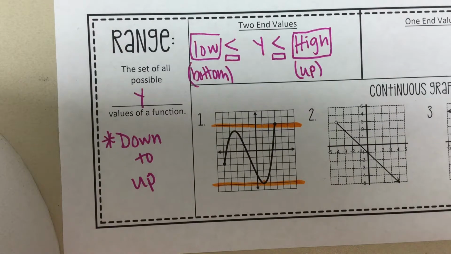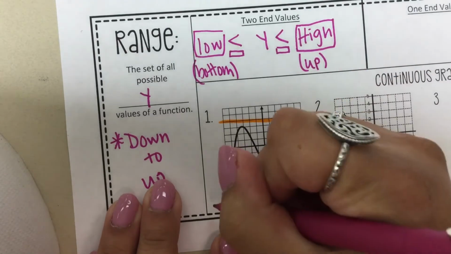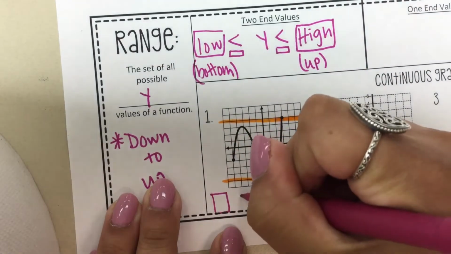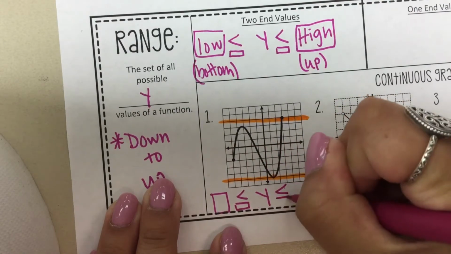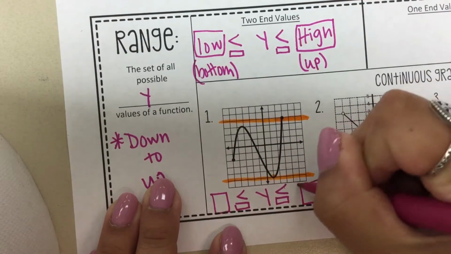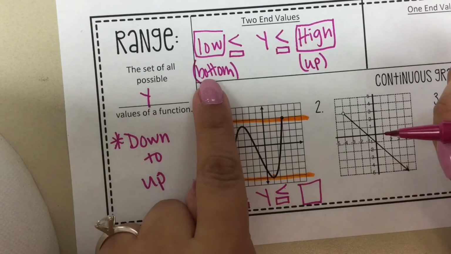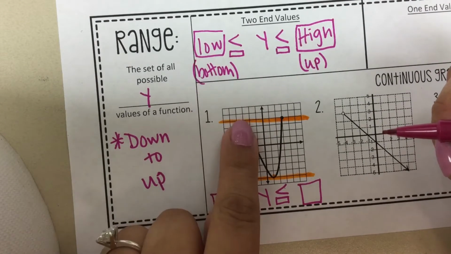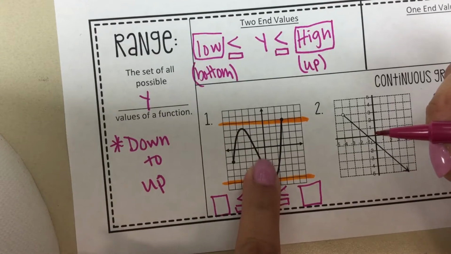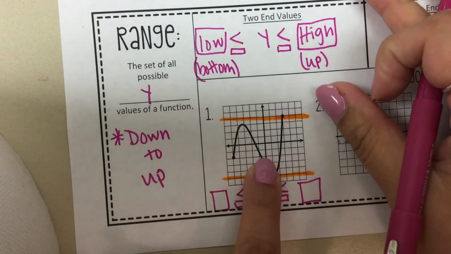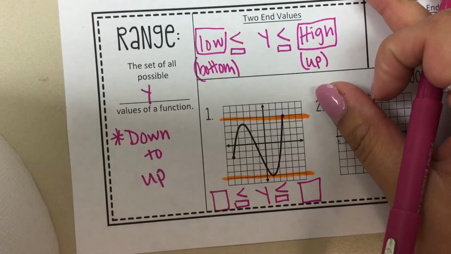Now for my general setup, we have some number less than little box, y, less than little box, and then another big box. Okay, so if I'm looking for my bottom number, I'm going to go to my bottom line, and the value of this bottom line is -1, -2, -3, -4, -5.